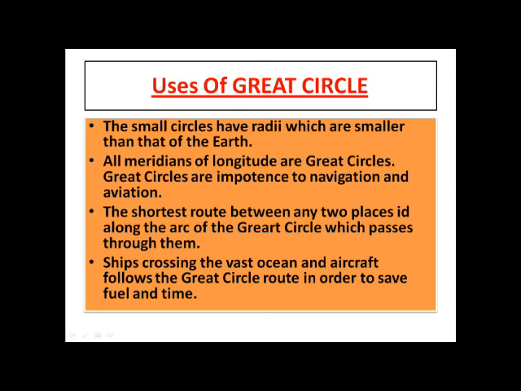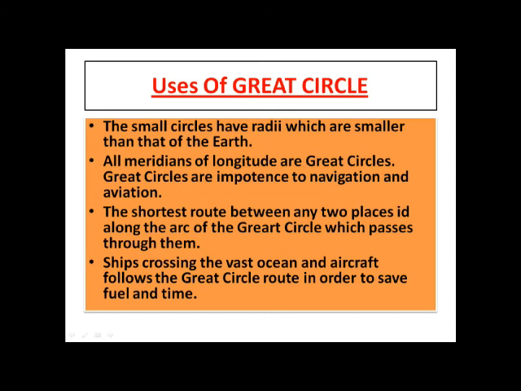Aeroplanes cannot always follow the great circle route owing to some international restrictions and laws on air, and because of traffic movement. Navigators use great circles to as great an extent as possible. Special great circle charts are provided to them.